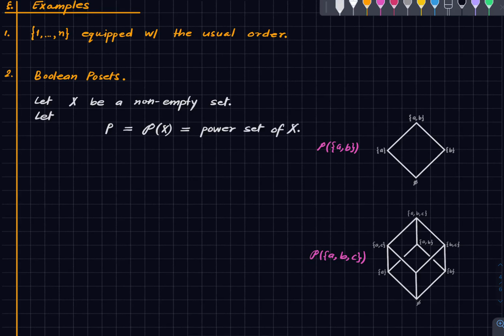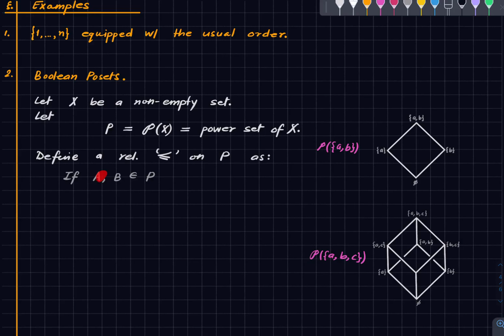Okay. So P right now is just a non-empty set. Now what we do is define a relation on P as follows: if A and B are in P, which is to say that A and B are subsets of the set X, where the empty set is also allowed.